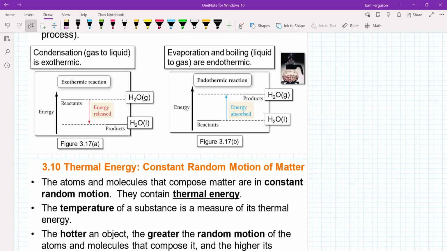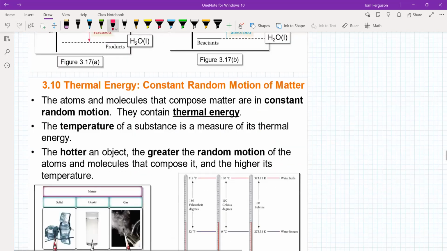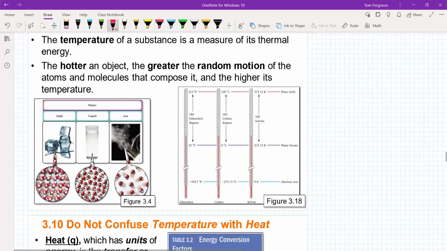So this is an example of an endothermic, exothermic reactions. As I was saying before, temperature is the metric used to measure the kinetic energy or the motion of atoms.